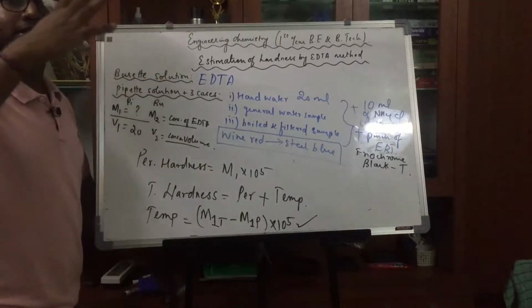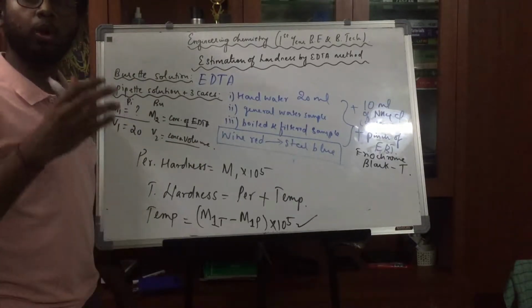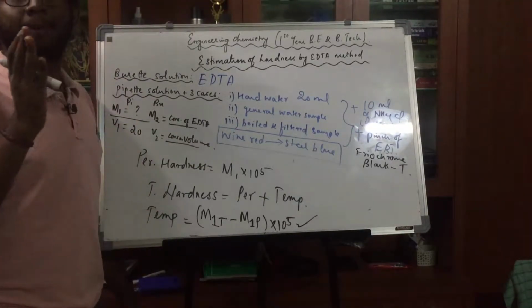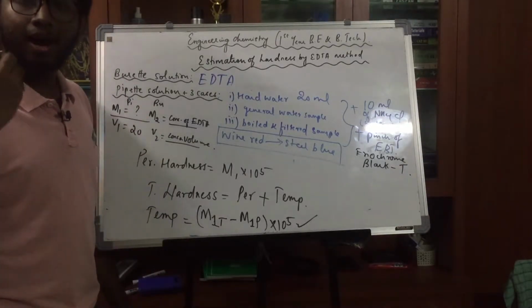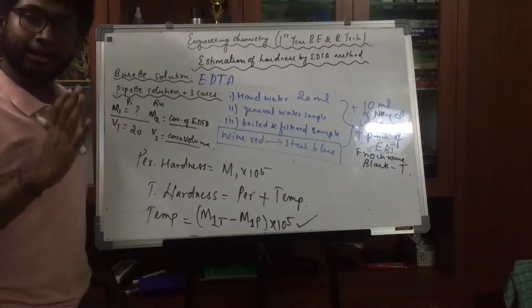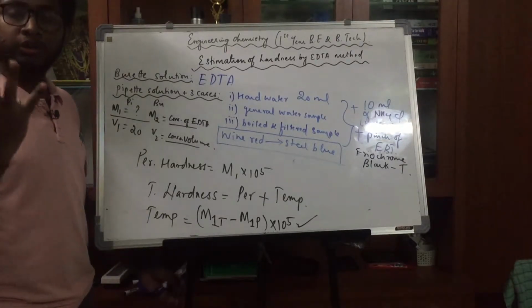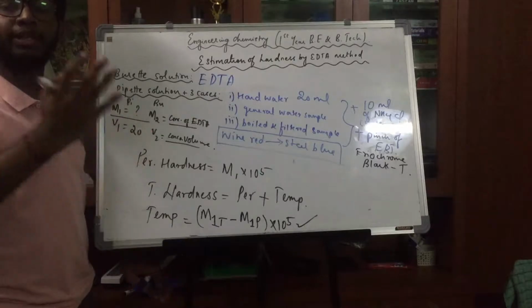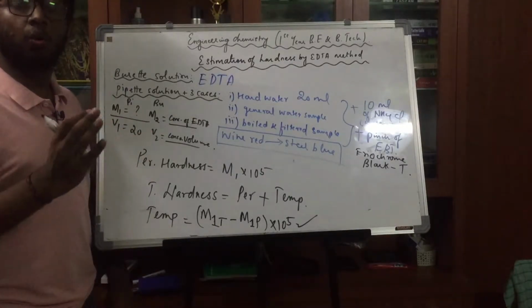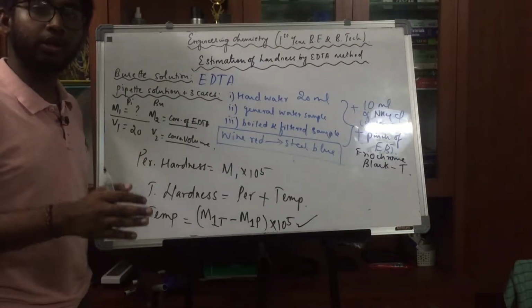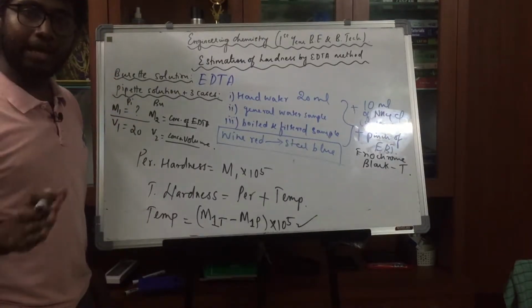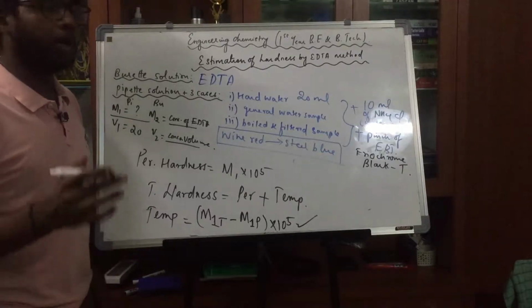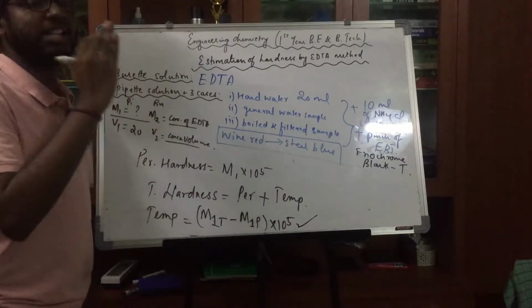So after discussing all these things, if someone asks you what is the main aim of this experiment, the main aim is just to determine or estimate the hardness present in water, and then to classify, you take the sample and find what the temporary hardness of this water is, what the permanent hardness is, and therefore what the total hardness is. So this is the basic method that you will make use of to determine the hardness present in the water.